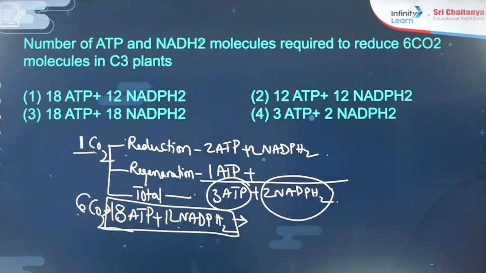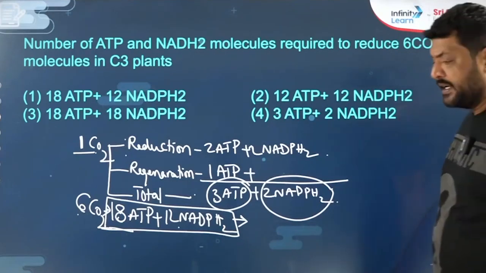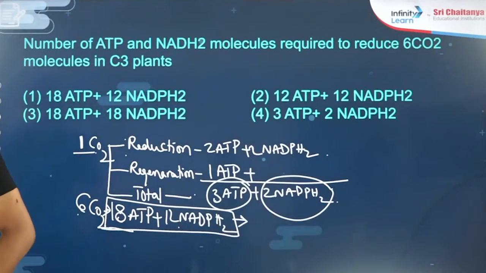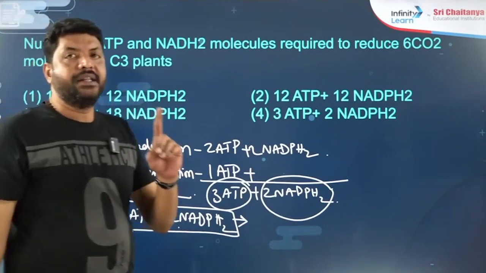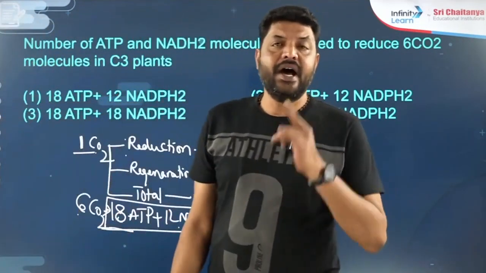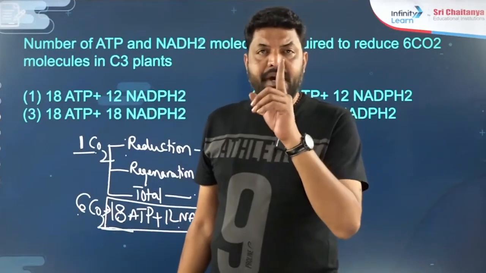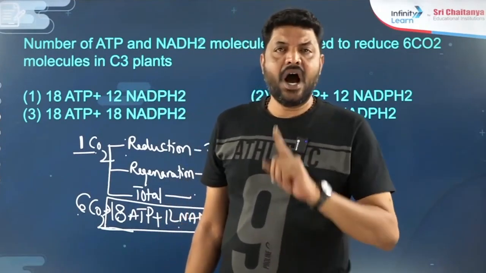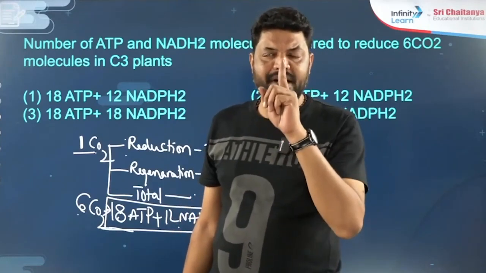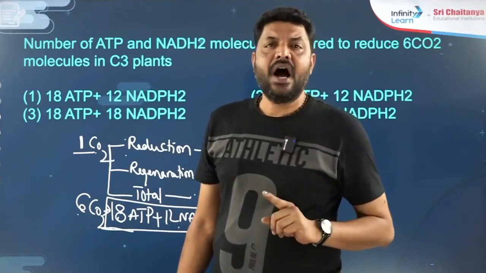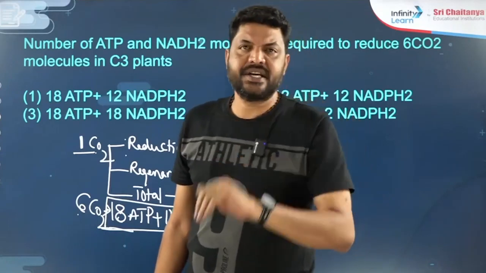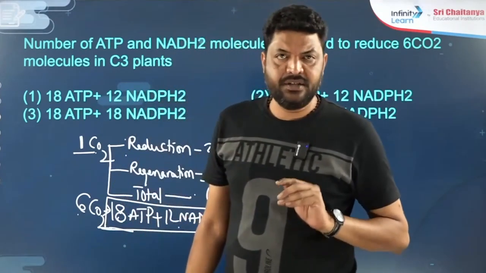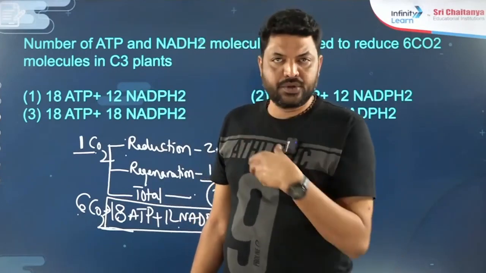You know one statement. What is that statement? The dark reaction depends on the products of the light reaction but not on the light directly. The dark reaction, that is the biosynthetic pathway or Calvin cycle or pentose reduction pathway, or you may call it the C3 cycle, depends on the products of the light reaction for the reduction of CO2.